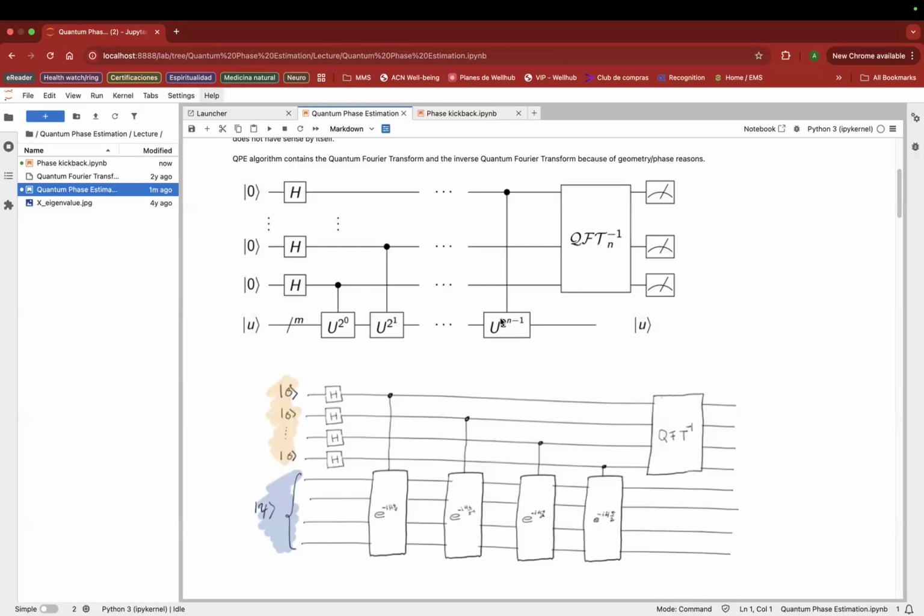Because this determines the precision of the solution. If we apply just one gate, we have precision 0. If we apply two gates, we have precision 1, and so on. The more control operator gates we apply, the better the precision, but more qubits will be required and the deeper the circuit will be.